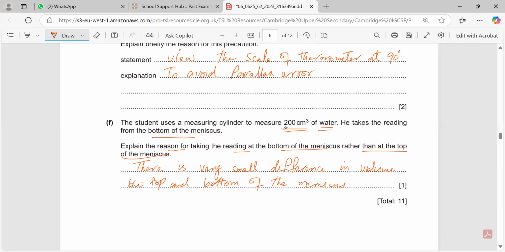So on the safer side, we don't want to take more volume of the liquid or water. We are measuring a little bit of a small volume of the water actually, because between the lower level of the meniscus and the upper level of the meniscus, there will not be a very big difference in the volume of the water. So on the safer side, we are always going with the bottom of the meniscus.